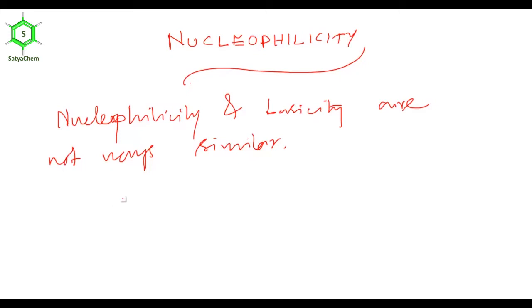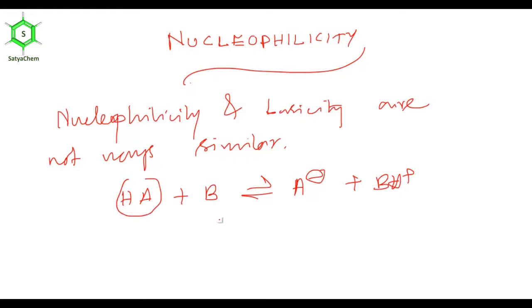Suppose HA is an acid and there is a base. If HA is a strong acid, then this equilibrium will be shifted towards the right hand side.